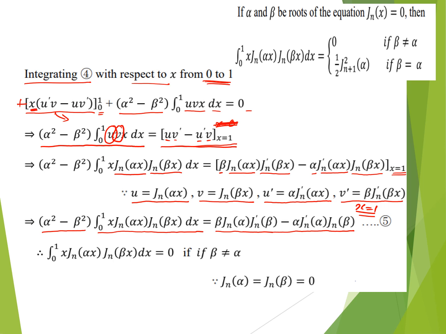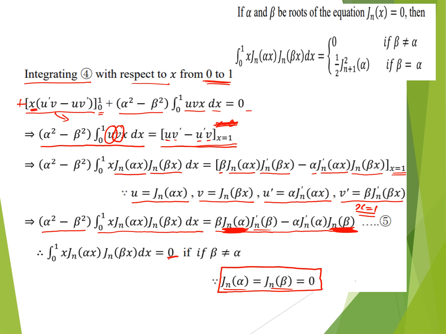Now, as we know, Jn(alpha) and Jn(beta) are equal to 0, because alpha and beta are roots of the equation. So when we substitute the value, the Bessel function at alpha and beta is 0, so the right hand side is 0.